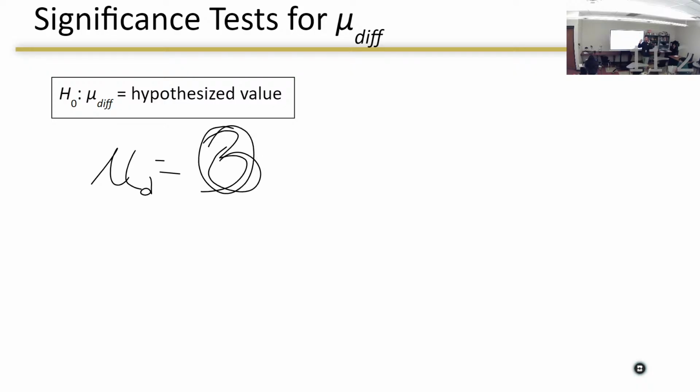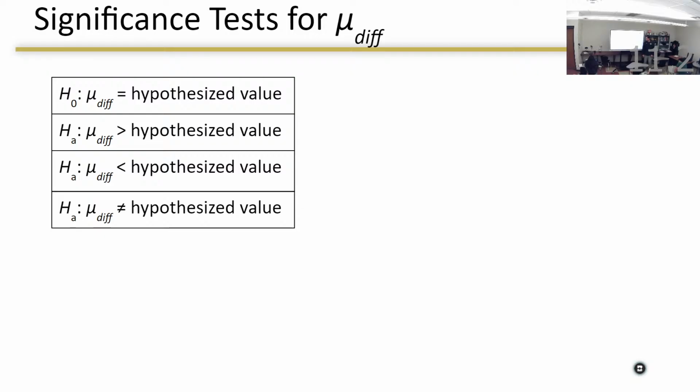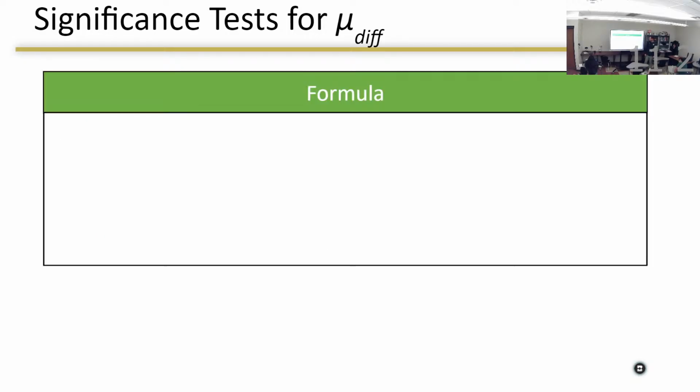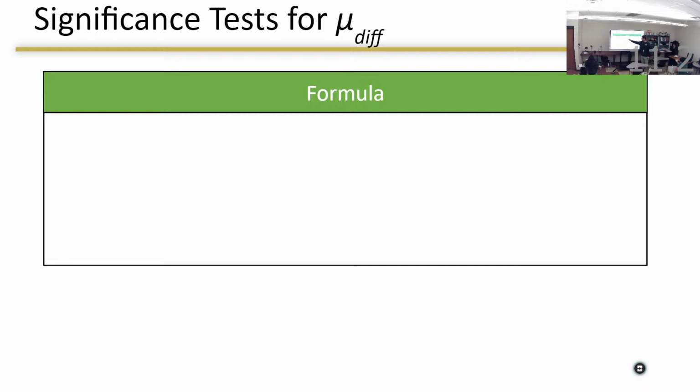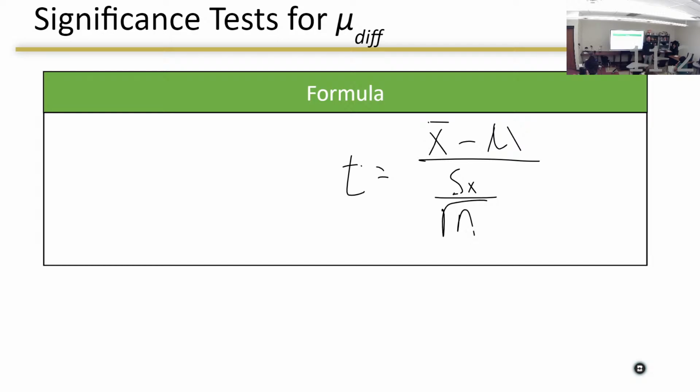It should be pretty obvious what this number is. Like I said, it's just what we did on Wednesday. It's one sample. The formula is one sample: t equals x bar minus mu over the standard deviation over the square root of n. They will put sub D's down.